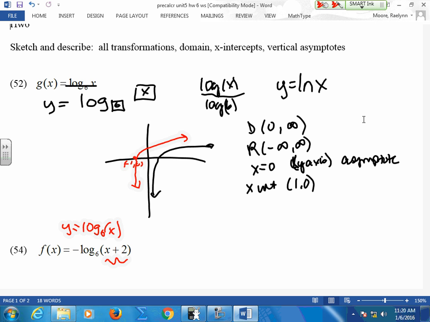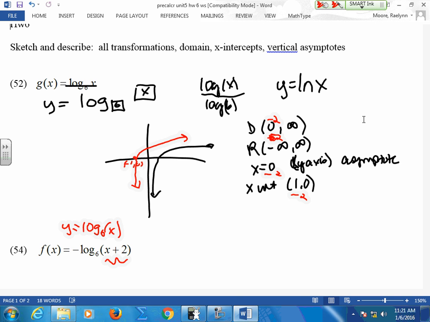Well, if it moved, did my domain change? Because my domain was from 0 to infinity. So yes. So I'm going to add 2 to that guy. Okay? Sorry, subtract 2. We're going the other way. Subtract 2 from that guy. Plus 2. So we went left 2. I'm going to subtract 2 from this. My asymptote was here. That had to move too. I'm going to subtract 2 from there. My intercept also had to move. I'm going to subtract 2 from there.